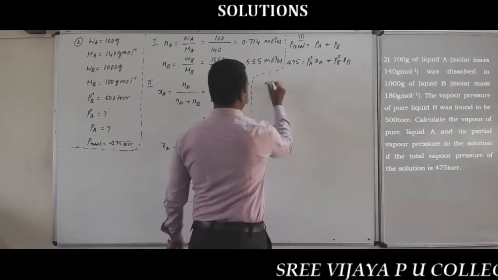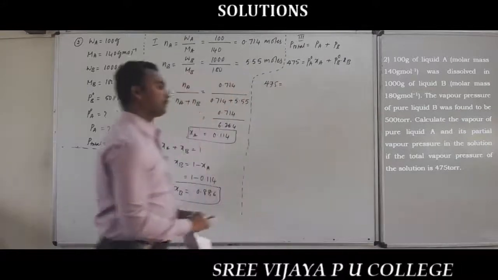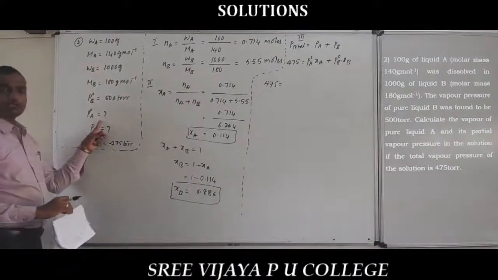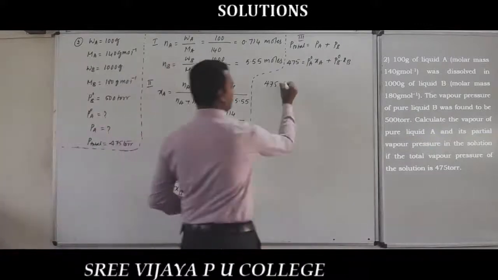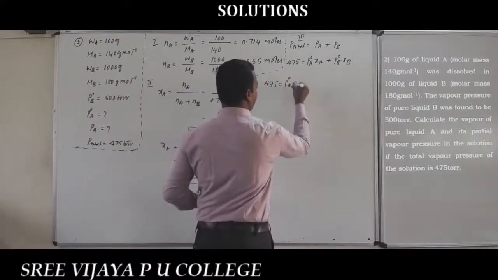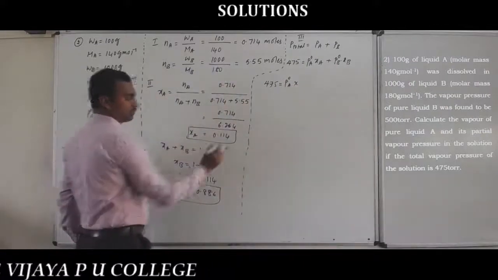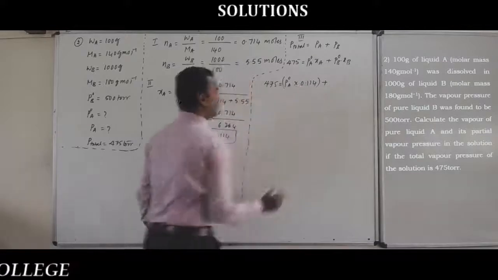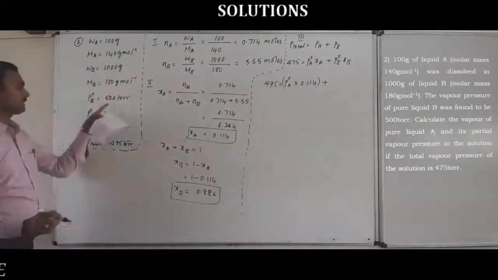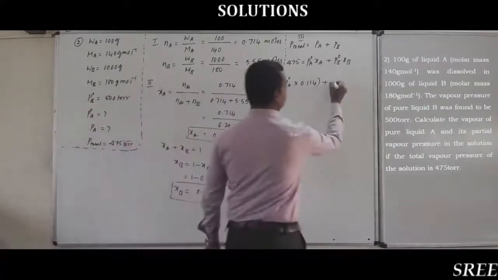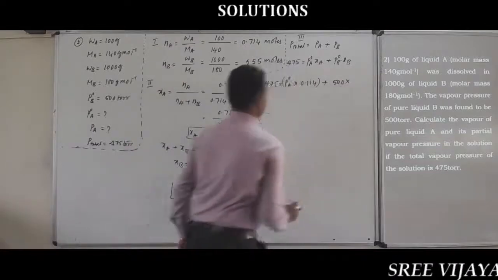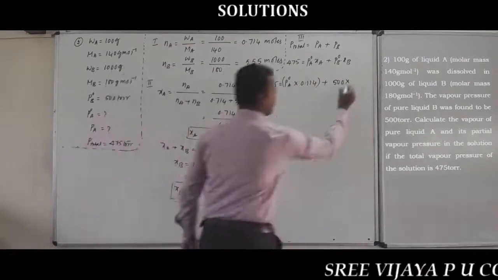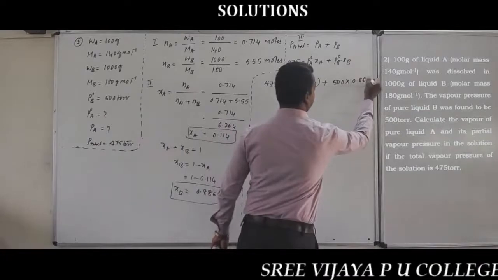So 475 is equal to, we have to calculate P naught A, that is the vapor pressure of pure component A, into XA, which we know is 0.114, plus P naught B. P naught B is given, that is 500 torr, into XB, which is already calculated, that is 0.886.